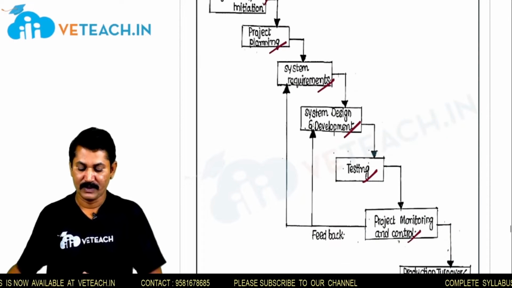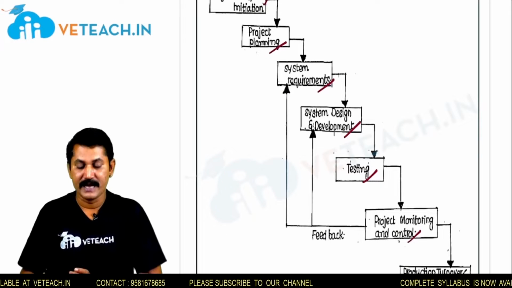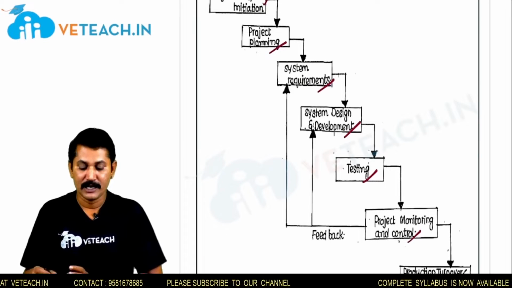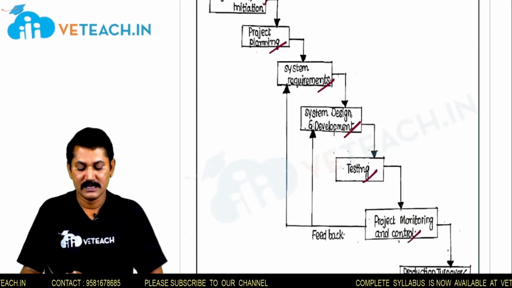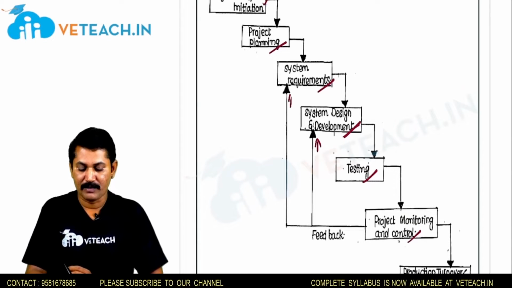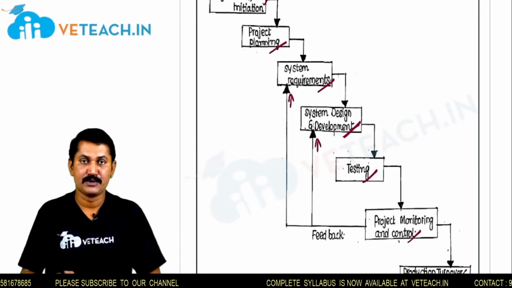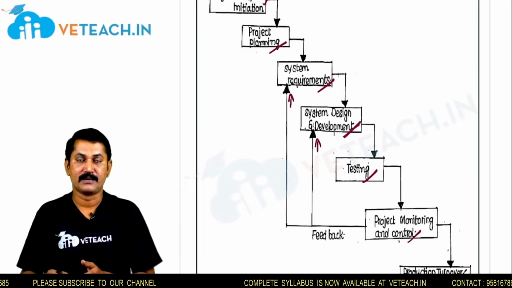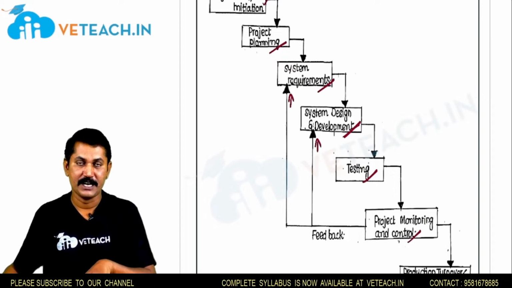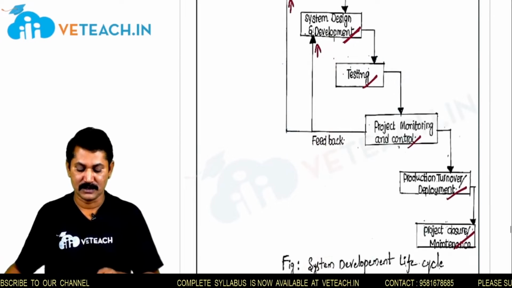Here you can see a few steps are giving feedback, that is, project monitoring and control. It includes the decisions of system design and development and the system requirements. So they need to be updated from time to time, and checked back against the conditions of implementing or developing the system.